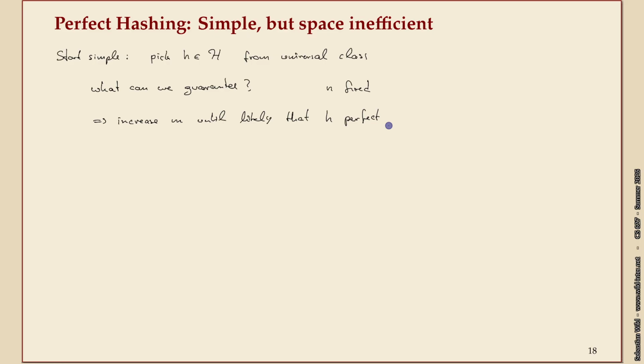We need that the number of balls is the square root of the number of bins. Now there's a constant factor and so on, and we'll have to take care of that, but we roughly know what the answer will be.